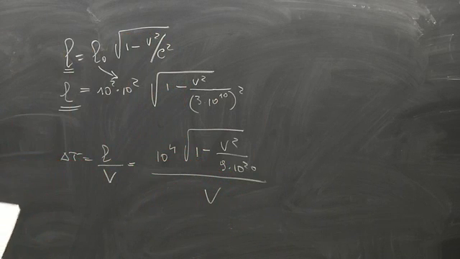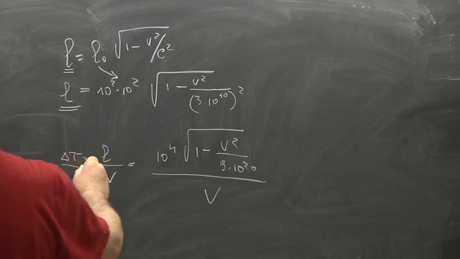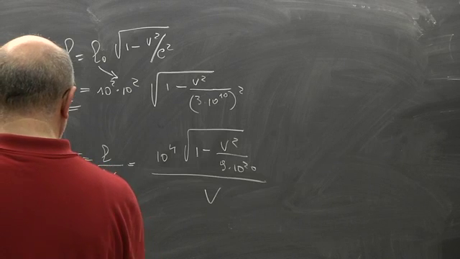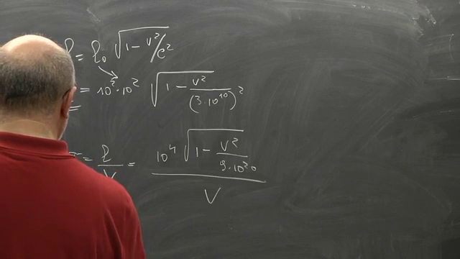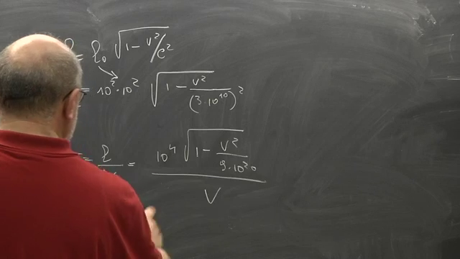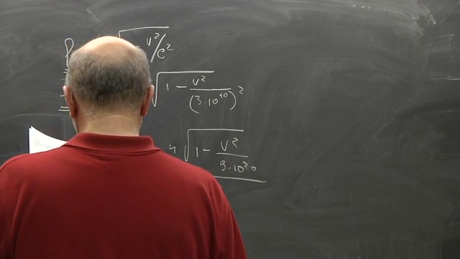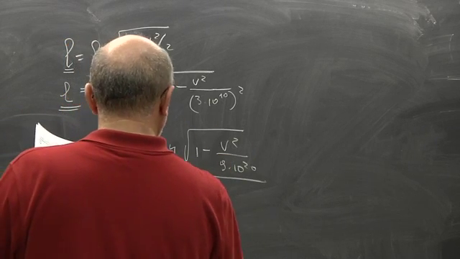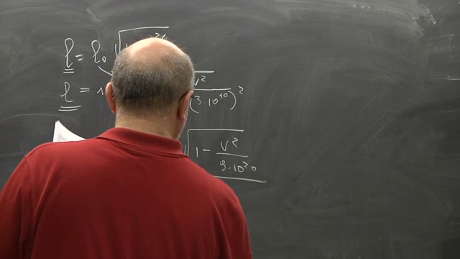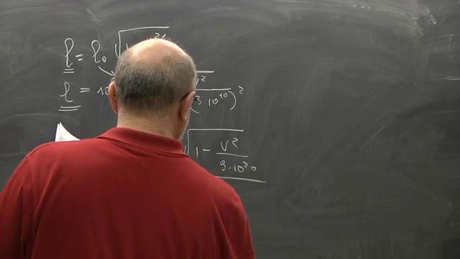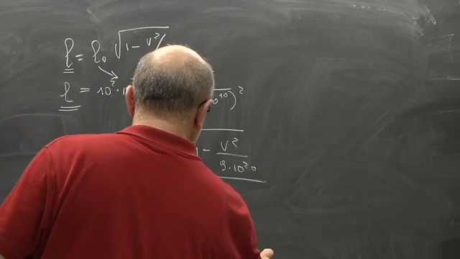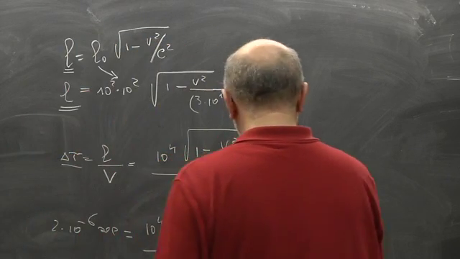So v is our unknown quantity. This delta t we know. Delta t is 2 times 10 to the minus 6 seconds, equal to this expression. And this is an equation for v.